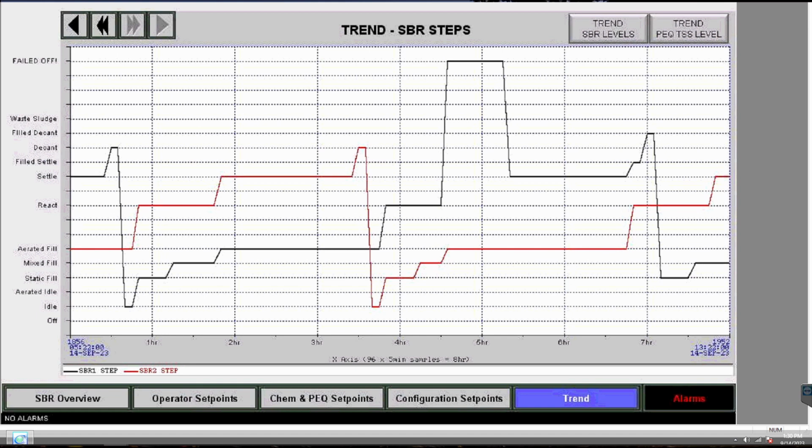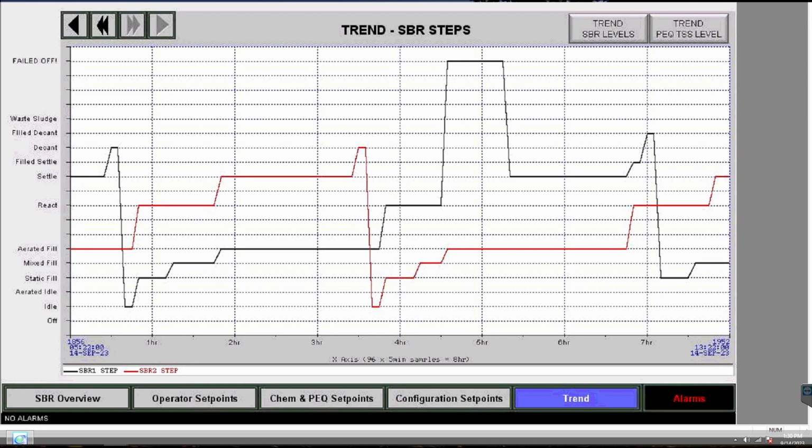But the problem is, when you get into high flow conditions, there's only so much that the system can do to compensate. One of the things it's going to try to do, like I mentioned earlier, is get a tank out of aeration. When a tank is in fill, it's calculating time to top water level.